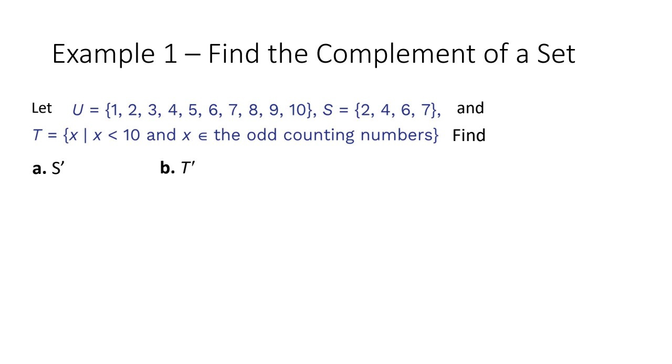In part A, we're supposed to find the complement. Once again, the complement of a set, S prime or S apostrophe, is those elements that are not in S. It's kind of like the opposite. So S contains 2, 4, 6, 7. The ones that we left out that are inside the universal set but not in S would be 1, because we didn't include a 1, 3, 5, 8, 9, and 10.